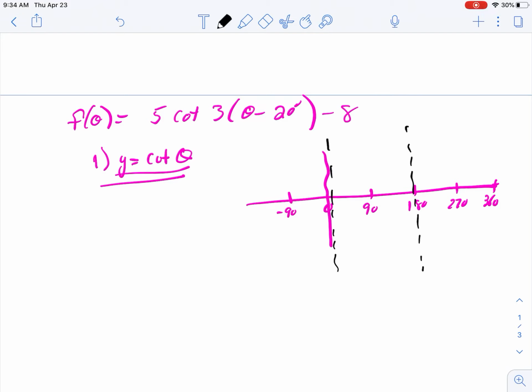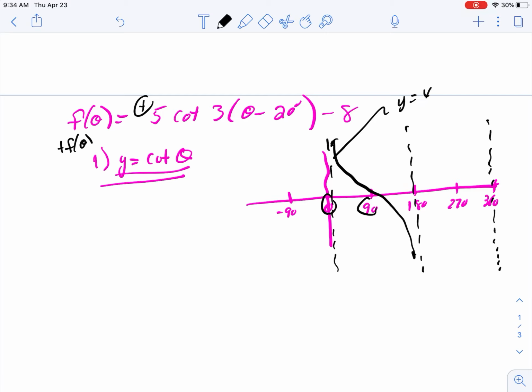That's 0, 180, and 360. And draw it out. Now, everything right now, this is a positive f of theta, so because there's a positive there, which means here's quadrant 1. From 0 to 90 is quadrant 1.